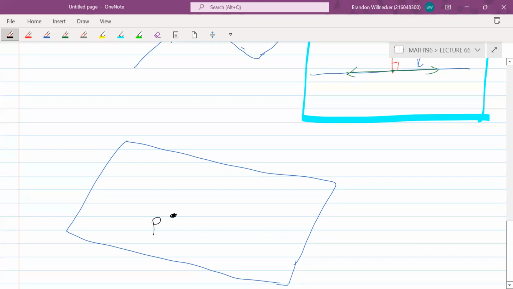Let's call that P. That's in the plane. Let's say we've got Q, that's also in the plane. And we've got R, that's also in the plane. So we need 3 points to find the equation of a plane. P, Q, and R are 3 points in the plane or on the plane.